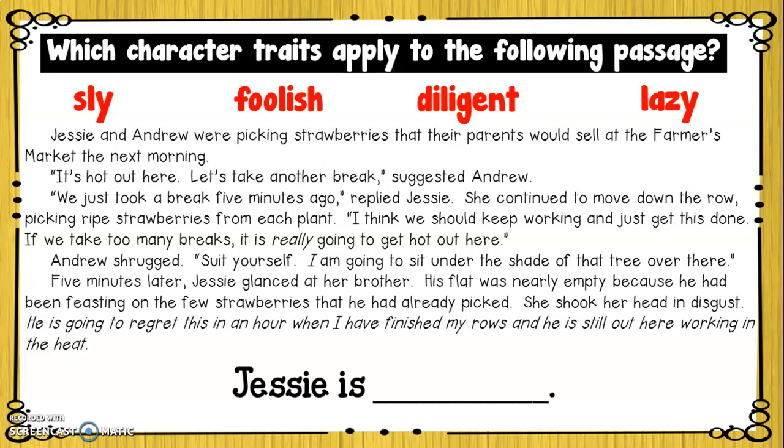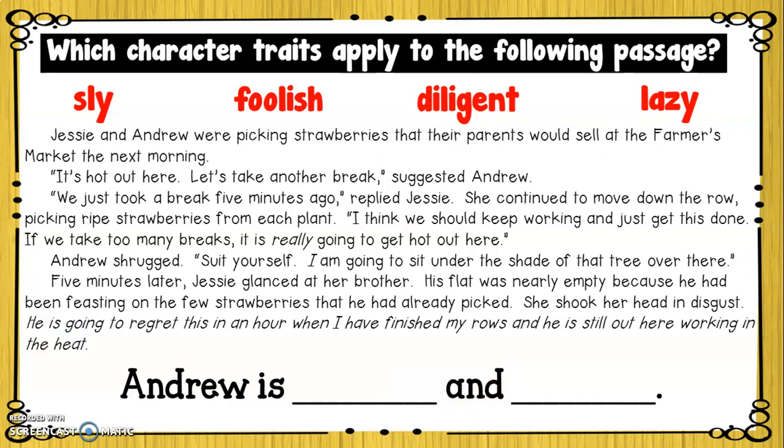Which one of these words would describe Jessie's personality? You said diligent. You are correct. She works hard and exerts effort. How about Andrew? What are two words that might describe Andrew's personality based on his actions and his dialogue, or the things that he said in this passage?